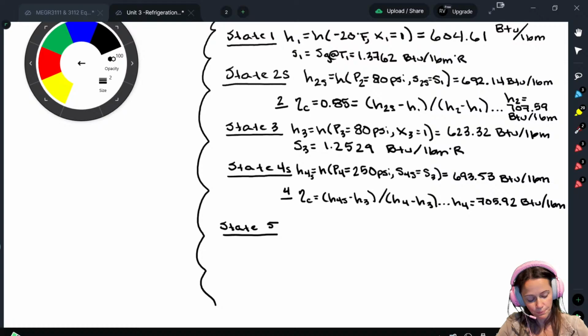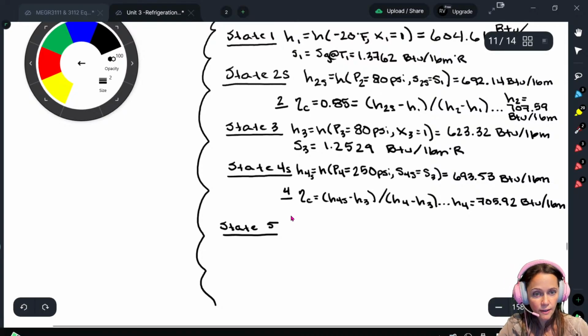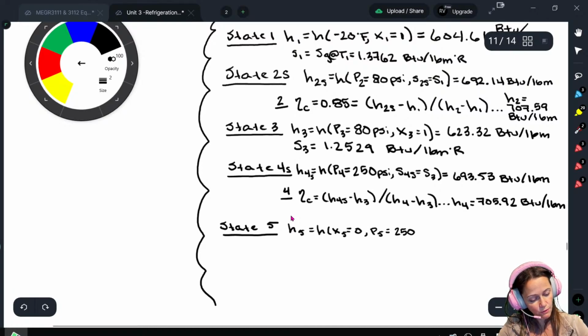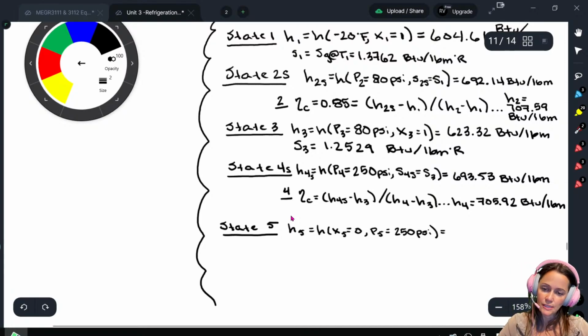All right, so state 5, I've got a quality of 0, and my pressure P5 is 250 psi. So let's see what I've got: 167.77. Yeah, that's what I got as well. Perfect.